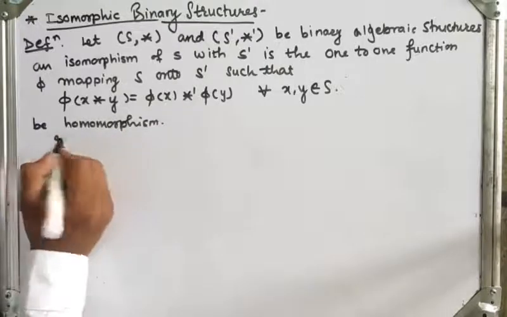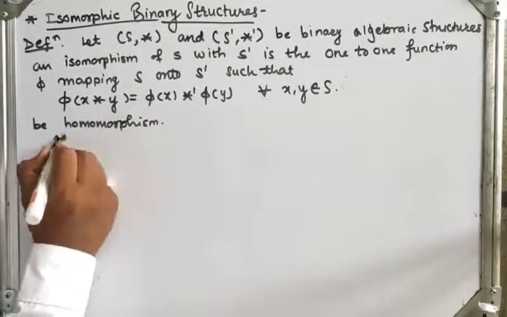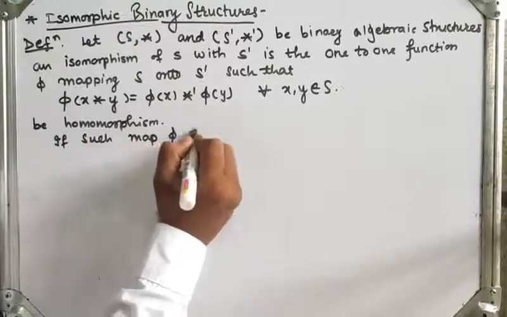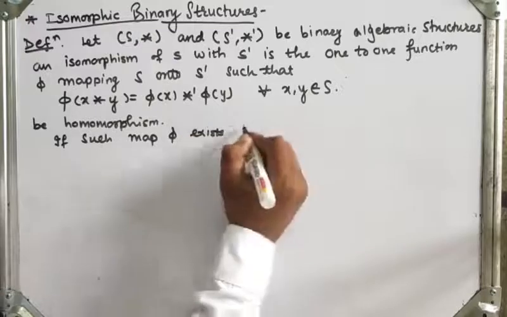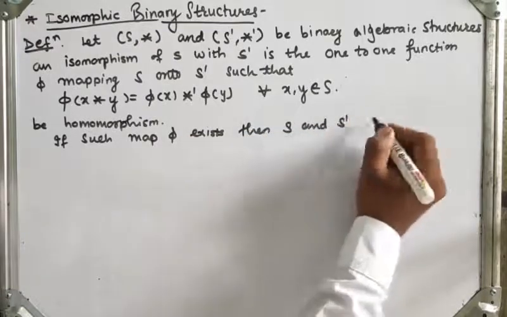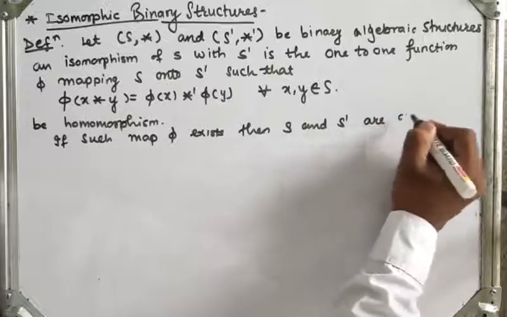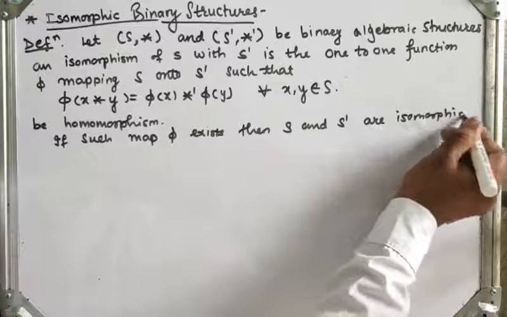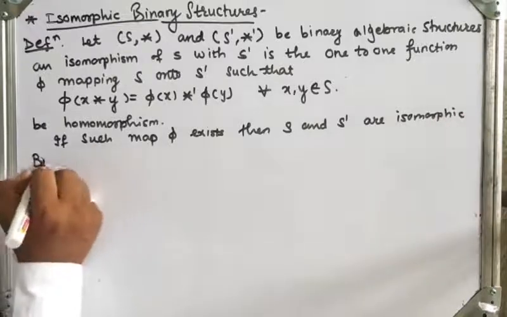If such a map phi exists, then S and S dash are isomorphic binary structures.